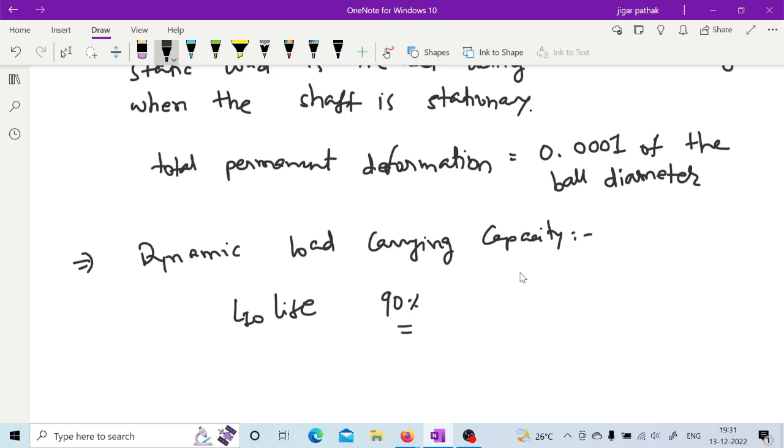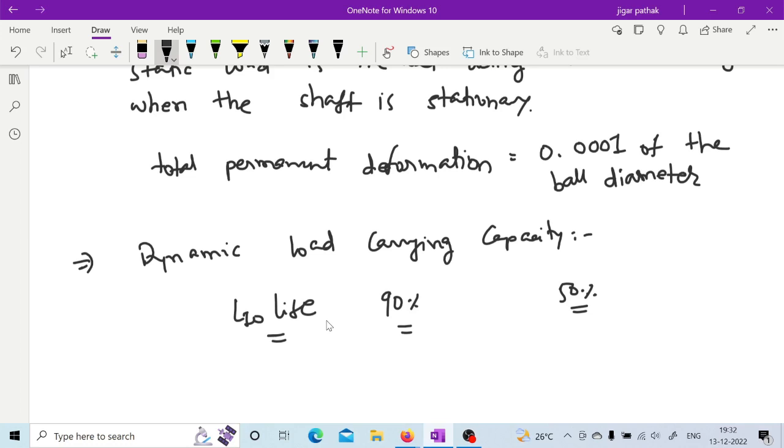If we consider only 50% of the components of the ball bearing, then this life is much higher than the L10 life, but it is not advisable, because these bearings are used in critical applications, and at least 90% of the components must complete that much amount of revolutions, or hours of service, before the first evidence of any failure.